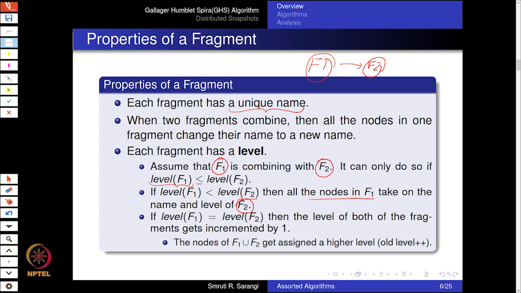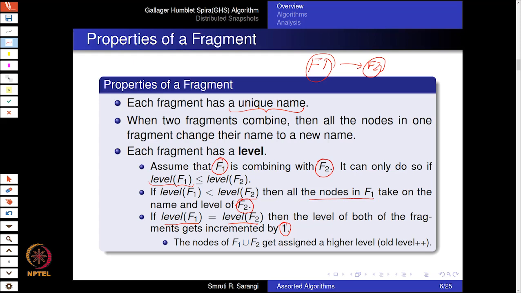There's an important point to keep in mind: if level F1 is equal to level F2, then the level of both the fragments gets incremented by 1. So if two fragments with an equal level are merging, the level of the combined fragment gets incremented by 1.